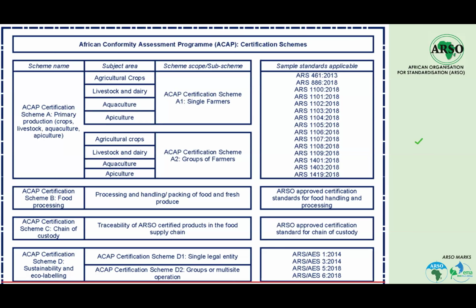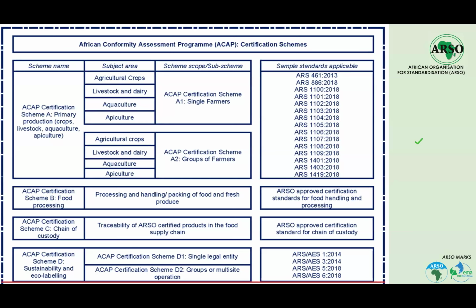You can see scheme A is primary production. Primary production can cover crops, livestock, aquaculture, apiculture, and you can see the subject areas: agriculture crops, livestock, aquaculture, apiculture.